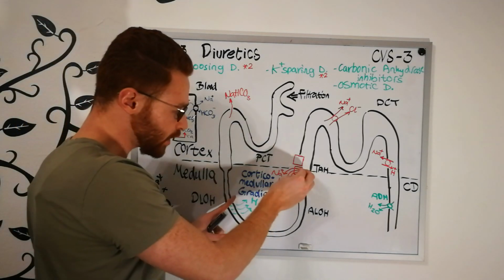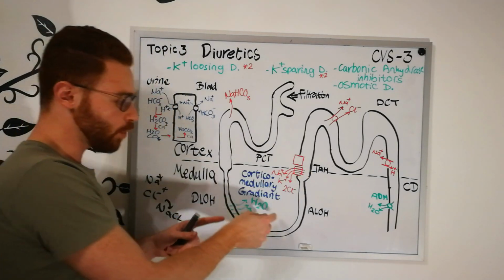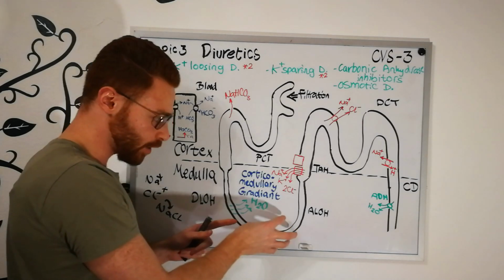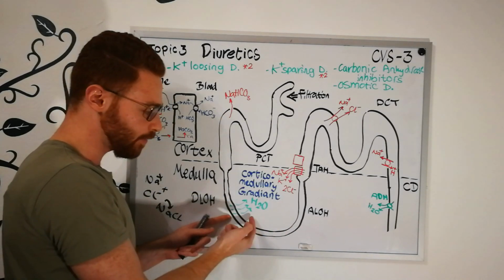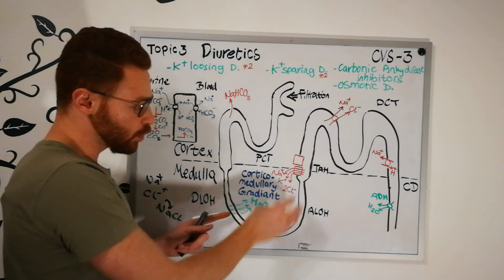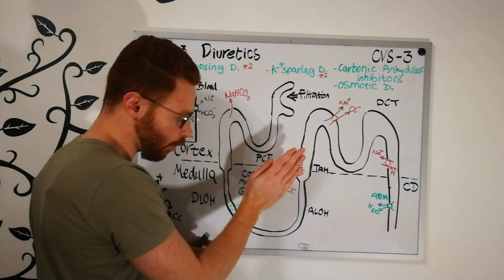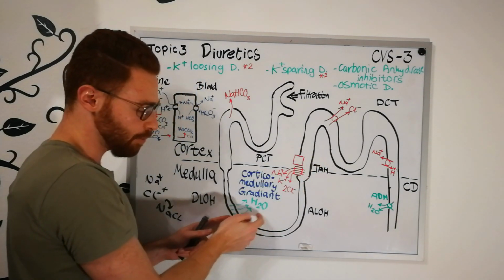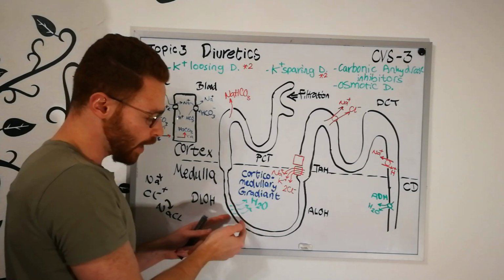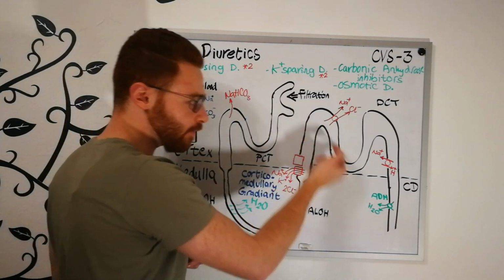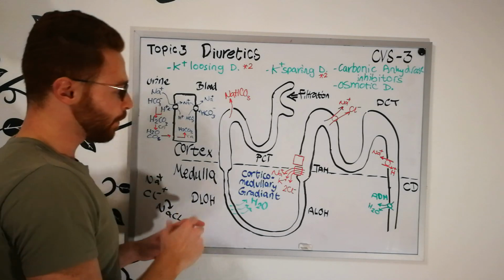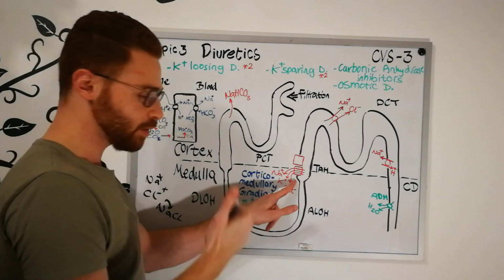We say that this process was responsible for the formation of the osmotic pressure that is going to drive the passive reabsorption of the water. So if we stop this process from happening, the water is not going to be reabsorbed passively here, and we're just going to lose it along the nephron to the urine. Now, this is the so-called the loop diuretics.